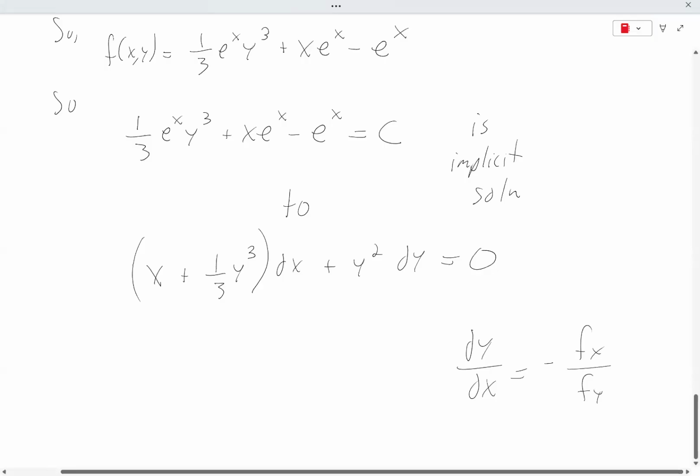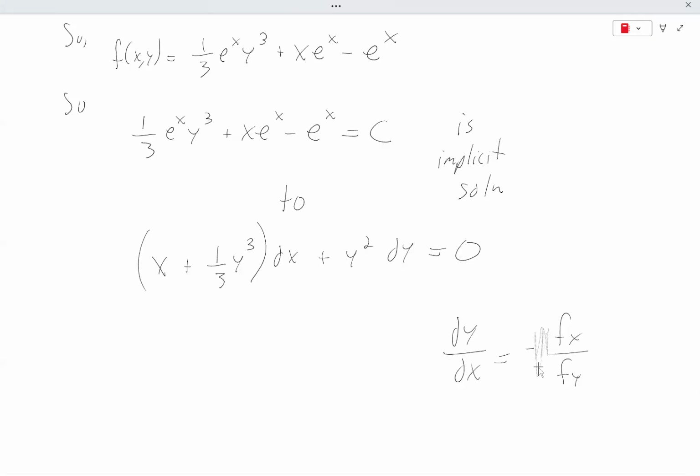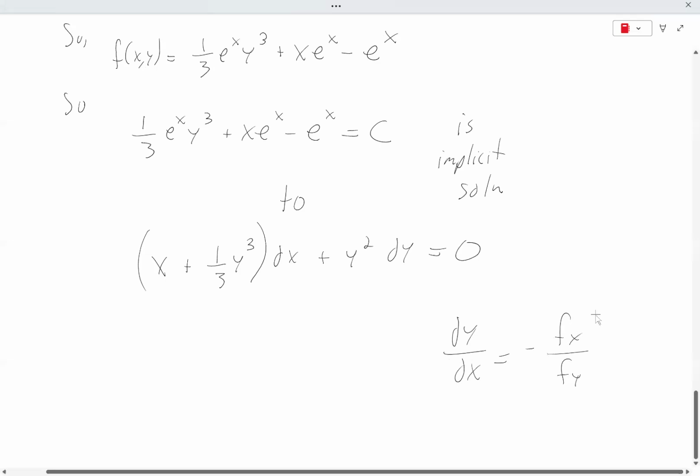If you did that implicit differentiation here, you would get this, probably with a constant factor of e to the x that cancels at the end, because of that integrating factor. That's how it's all connected.